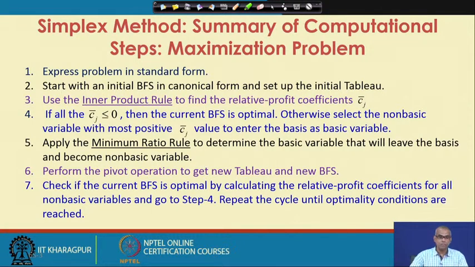In the third step, use the inner product rule to find the relative profit coefficients, that is C j bar, for all non-basic variables. Note that for basic variables, the relative profit coefficient C j bar is always 0.